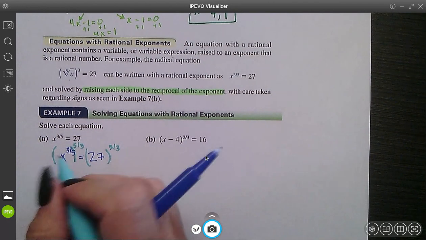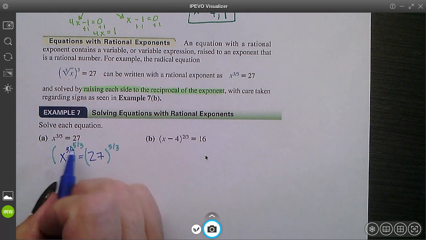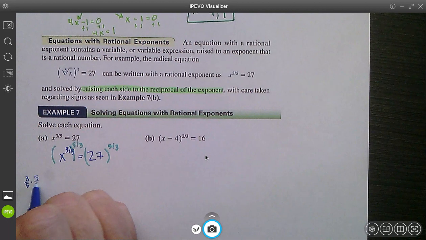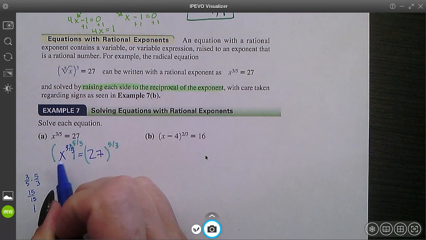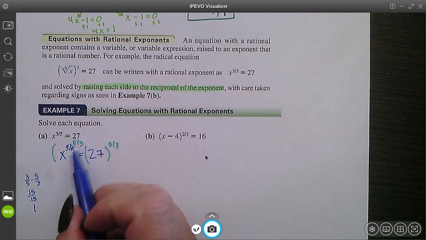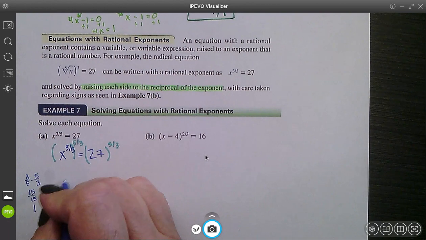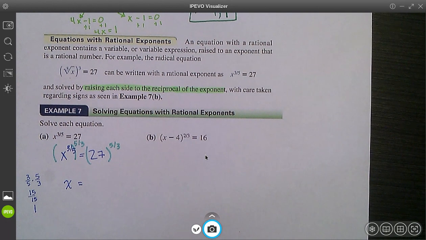Remember, when you raise a power to a power, you multiply the exponents. So 3 over 5 times 5 over 3 is 15 over 15, which is just 1. The reason I raise this to the reciprocal power is because those two cancel each other out and just leave me x. And then I have 27 to the 5/3.